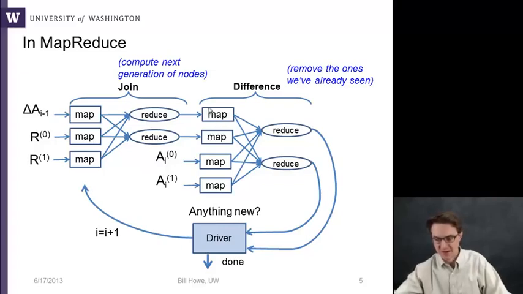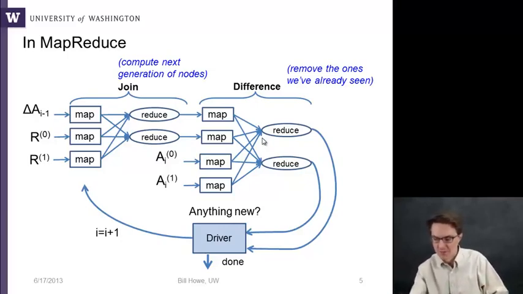Then to do the difference, we find everything we just found from the join, spray it across the network again, along with everything that we've ever seen before, everything in this A_i, everything in the union, and make sure to remove duplicates. You implemented both of these things in the MapReduce assignment. You showed how to do a join, and you showed how to do a duplicate elimination, essentially, which is what this is doing.